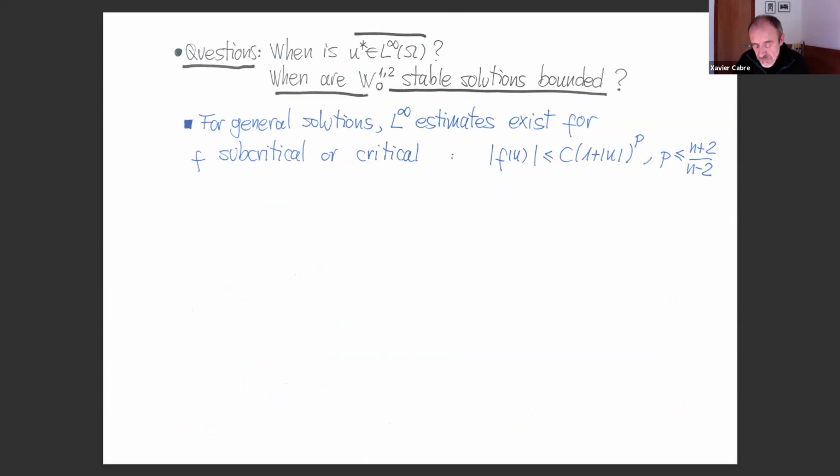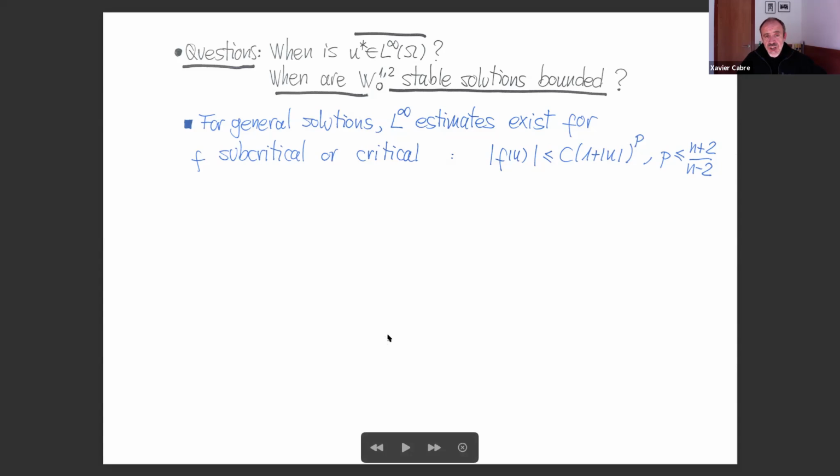Once they are bounded, they are smooth, of course, because once you know a solution is bounded, then f of u, the right-hand side, is bounded, and by linear elliptic regularity theory, u gets better and better, and if the nonlinearity allows, you get all the way to C infinity.